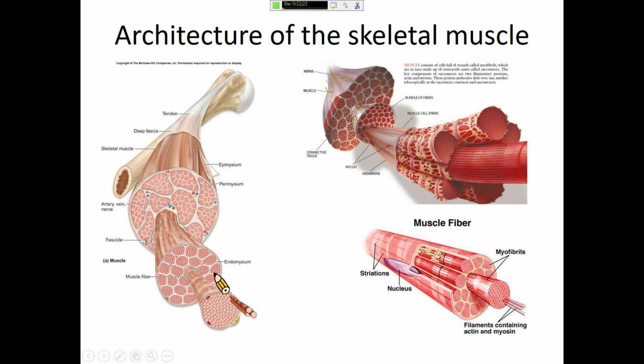If you count the muscle fibers here, how many approximately? 1, 2, 3, 4, 5, 6. So, okay, totally probably 20. And suppose there's a nerve attached to this fascicle.